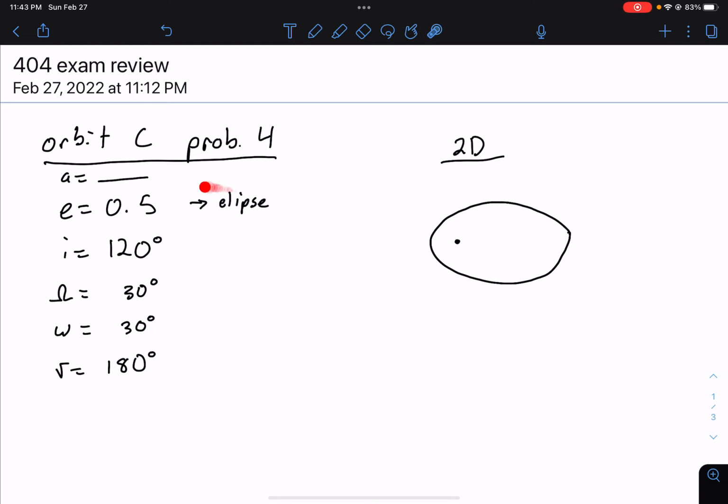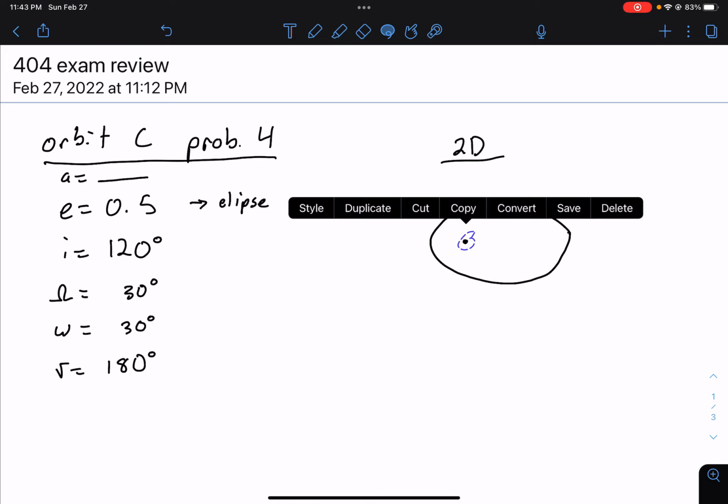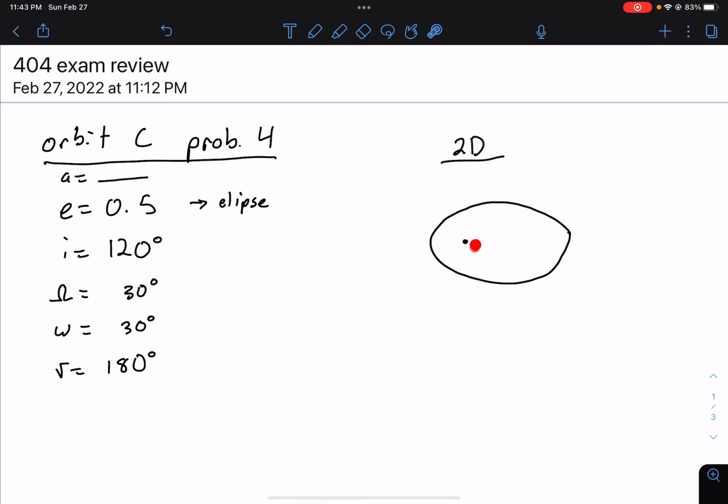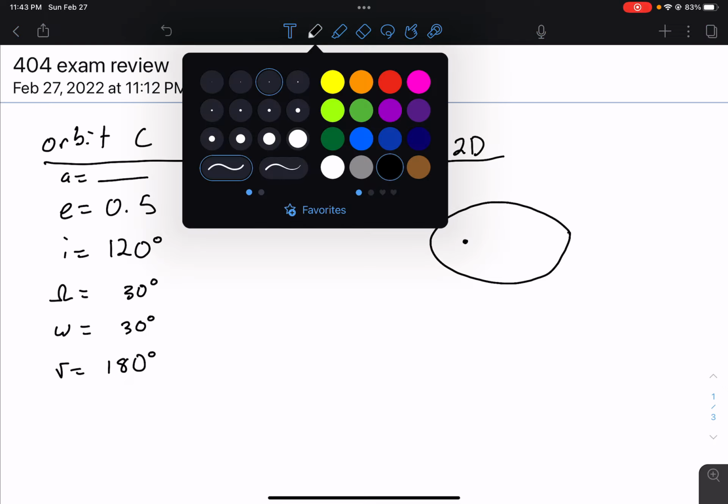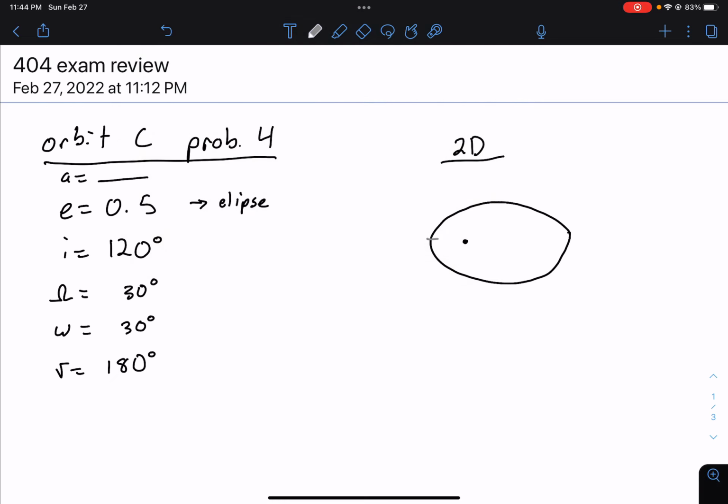It's really easy. You take your eccentricity, it's an ellipse, so you draw an ellipse, making sure that it's round and that your point is closer to one side than the other. One of the big things we are looking for is that this periapsis point that I'm going to define here is the closest point.